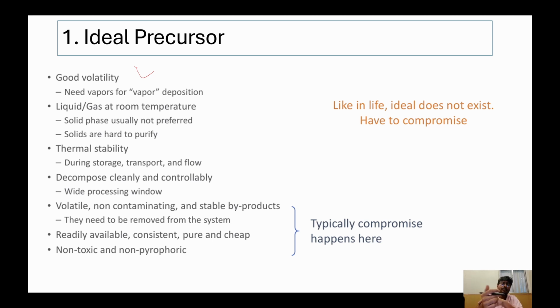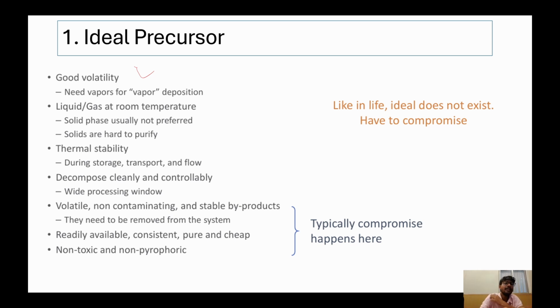Most of the time what we use is a liquid precursor, and some carrier gas, like nitrogen or argon, is flown through that precursor, and it will carry the vapors of the precursor to the substrate, and that will react with the substrate.